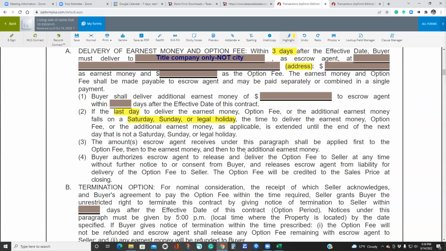So if at 4 o'clock on Thursday afternoon we get a contract, we've initialed signatures, and we communicate acceptance, we have Friday, Saturday, Sunday. Well, Sunday, can't do anything with it. So we have until Monday, close of business, to get the option fee and the earnest money turned in. If Monday is a holiday, then we have until Tuesday, close of business, to get it in, right? By the contract.